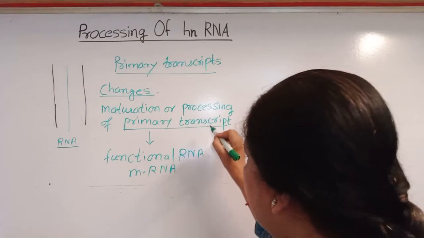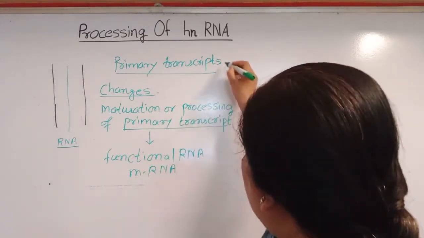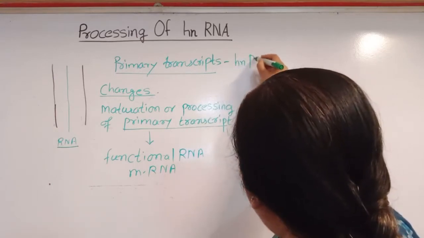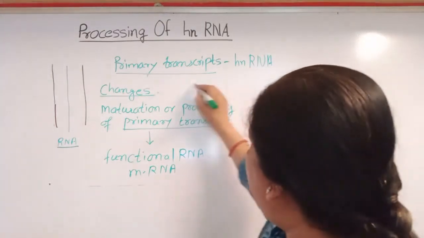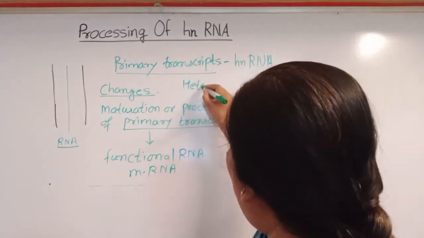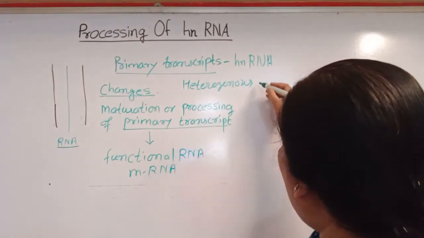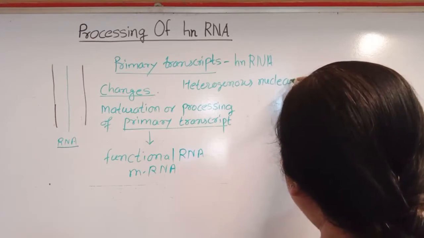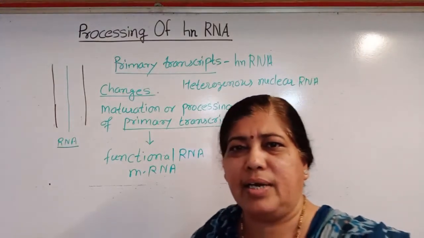Before processing or maturation, this primary transcript is called hnRNA, that is H for heterogeneous, N for nuclear RNA. So this point is clear.